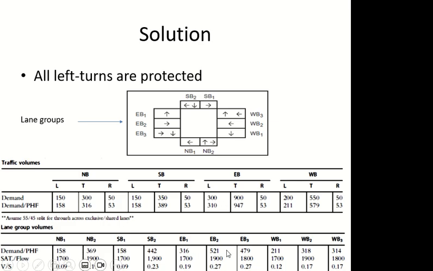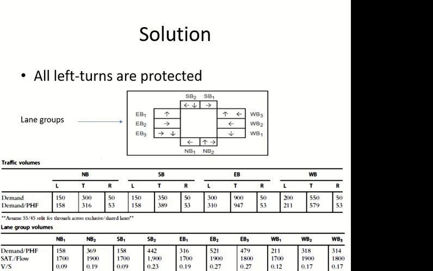V is from the given volumes after converting it to flow rate, and it is divided by the saturation flow rate of each lane group. This is why we put the same lanes in one group, because the saturation flow rate for those lanes will be the same.